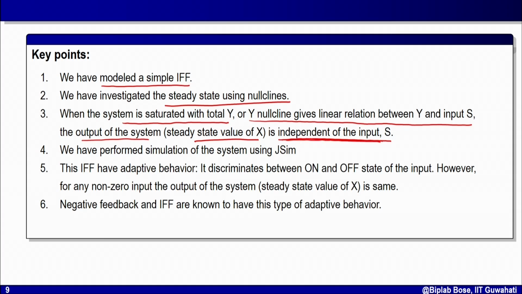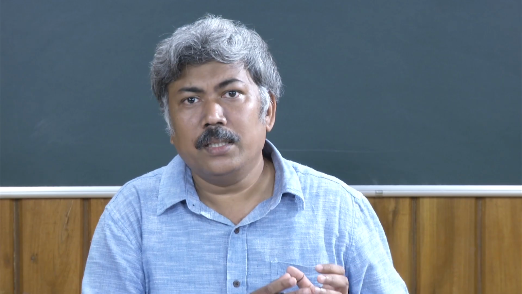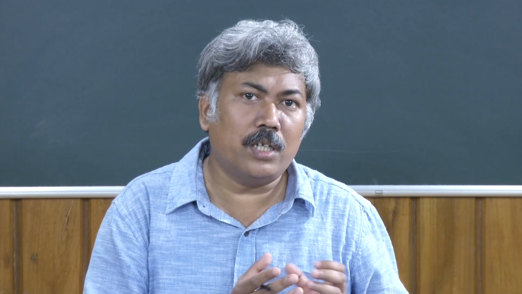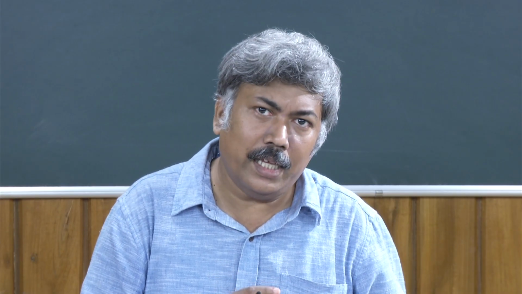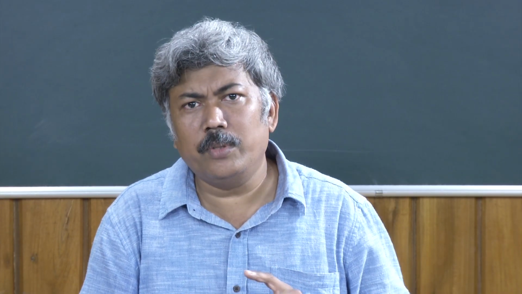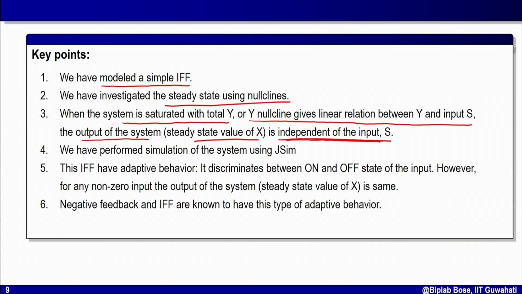So the output is independent of S, and one key assumption to achieve that is that the system is saturated with Y. In other words, the Km, the Michaelis-Menten constant for activation of Y, was much smaller than the total amount of Y, so that I get a linear relation between Y and S. Then the system is adaptive and I get the same output for all values of S. We have performed simulation using JSim, and we have tried to understand the IFF behavior here.